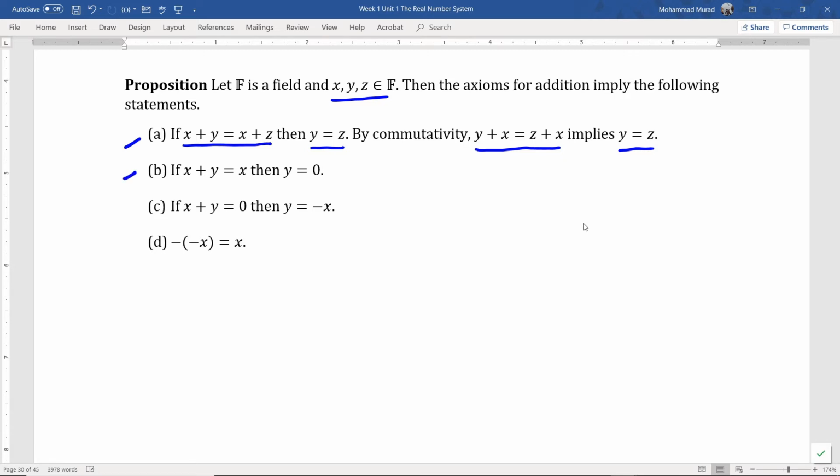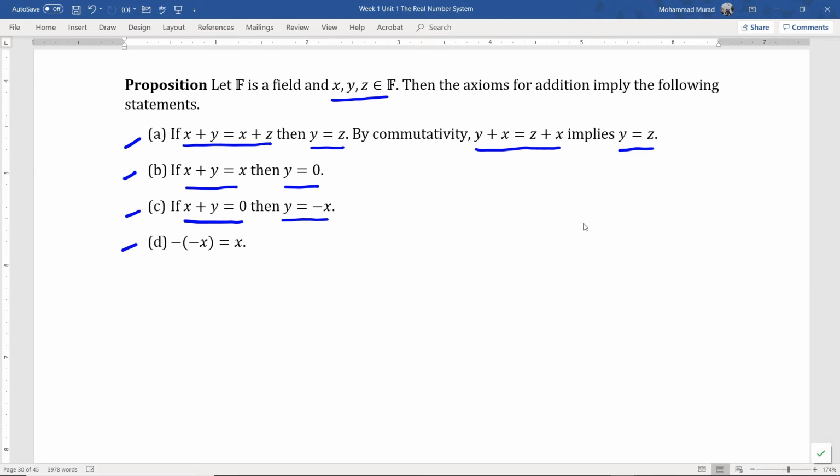B says if x plus y equals x, then y must be equal to 0, the additive identity element. C, if x plus y equals 0, the additive identity element, then y must be equal to the additive inverse of x. Mathematically, y must be equal to negative x.